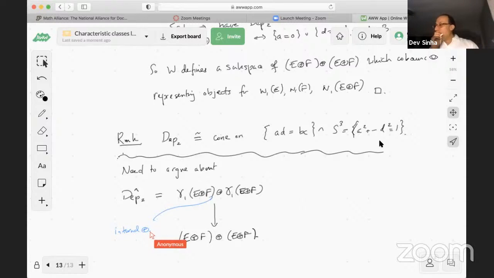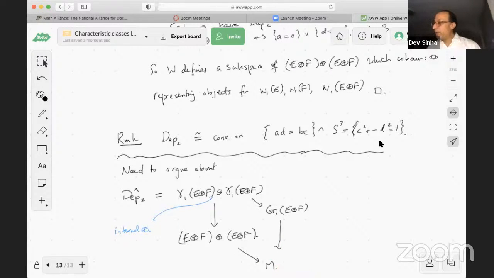And let's remember that this really sits over GR1, which I could also call P on E plus F, the space of lines in E plus F. There's no good comparison between these two bundles, but everybody then sits over M. Might as well remember that.